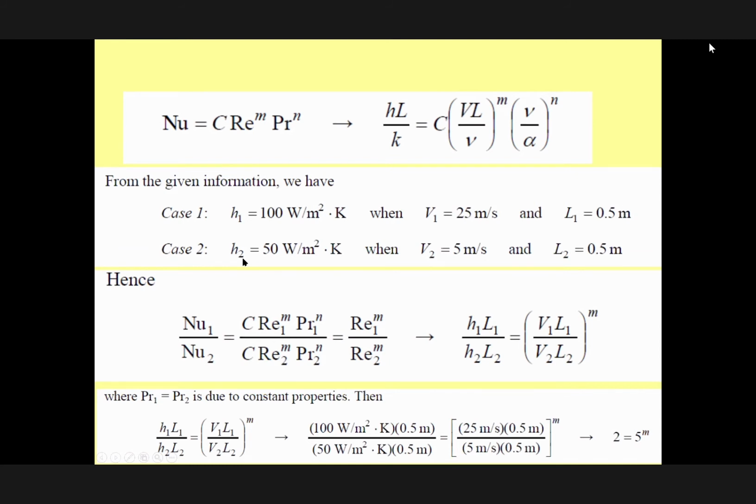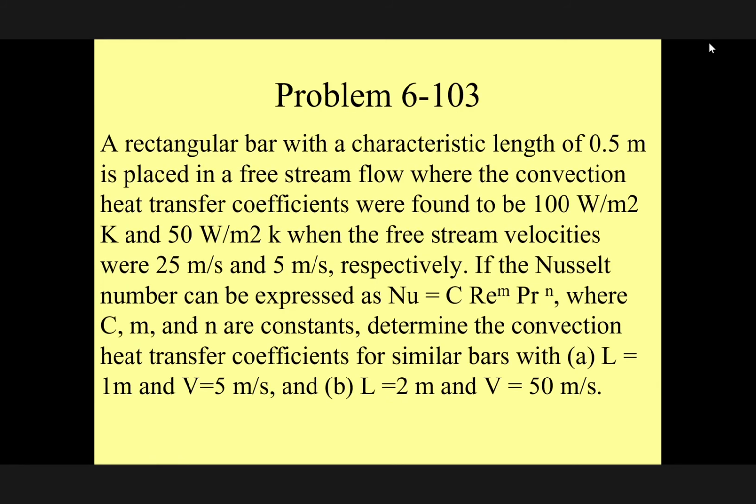Can I go back and use this expression? And rather than writing for case 1 and 2, I write it for case 1 and 3. And as I mentioned, case 3 here is where I'm trying to find the value of h3 for a scenario where I know the velocity and I know the length. Okay, let's go back. Let's say this is my scenario number 3.